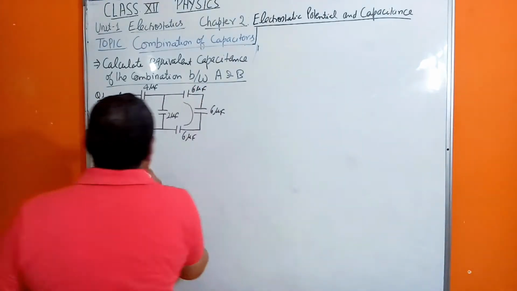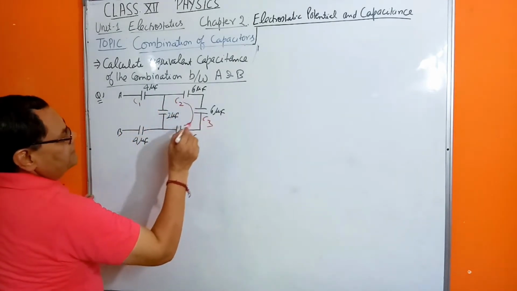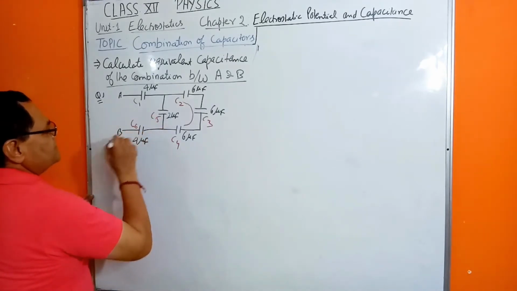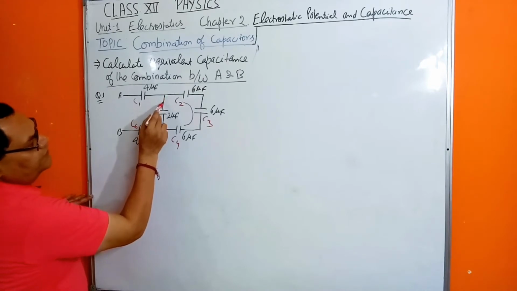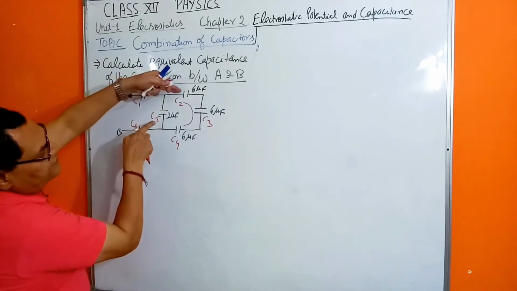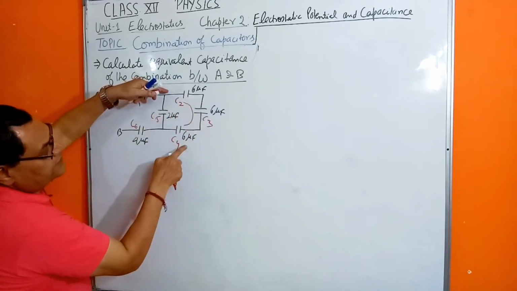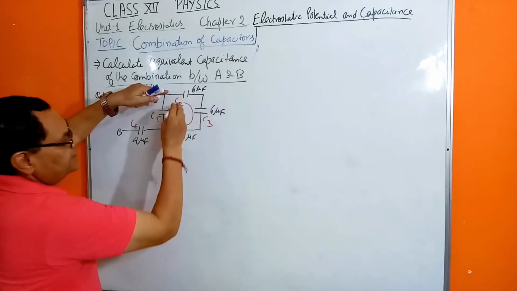Let's say this is C1, C2, C3, C4, C5, and that is C6. As I explained, from here there is a branch, but in this branch you find C2, C3 and C4 are in continuation. So first of all they are in series.